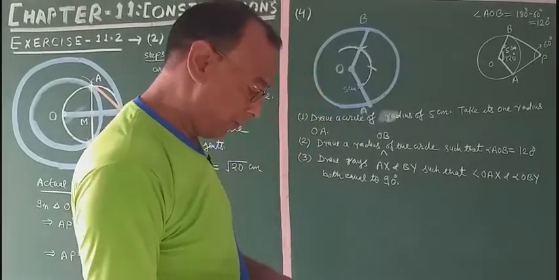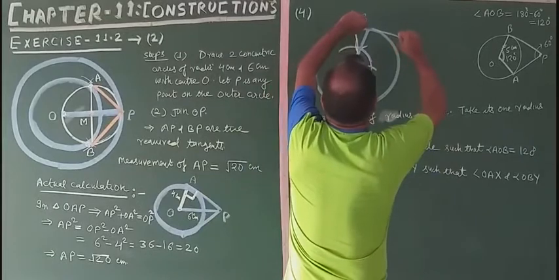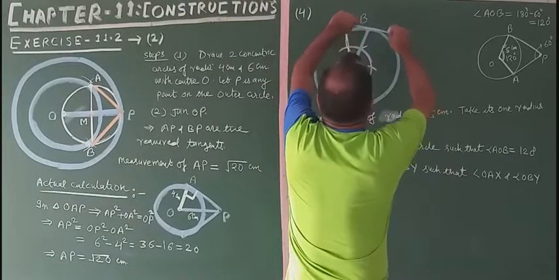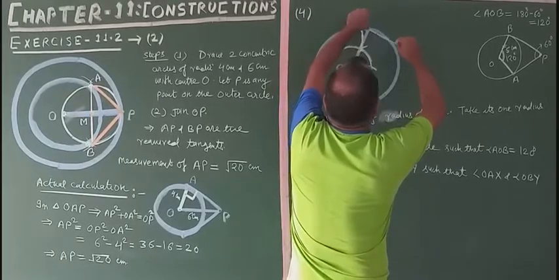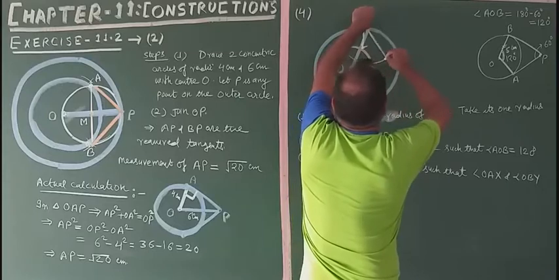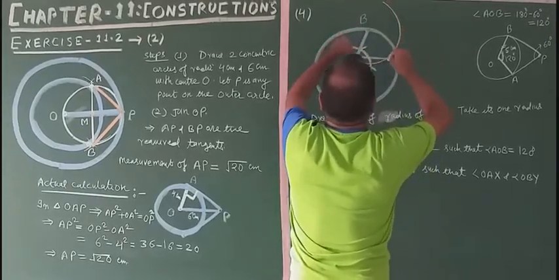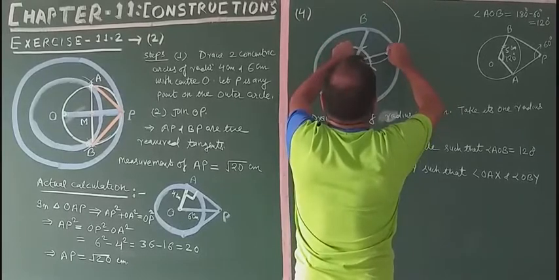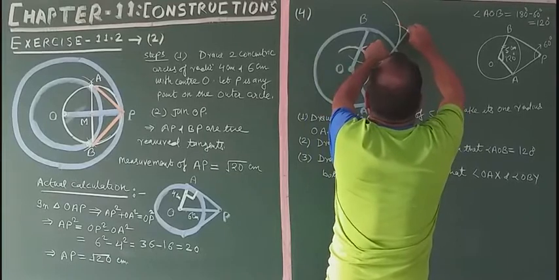Now we will draw these two rays. How? You have to construct the 90 degree angle at point B and A. This is the point of 60 degree. This is 120 degree.